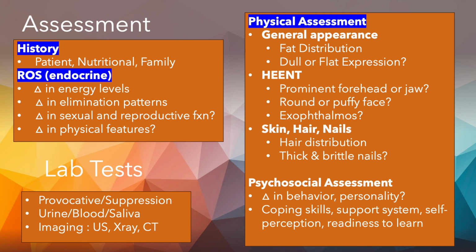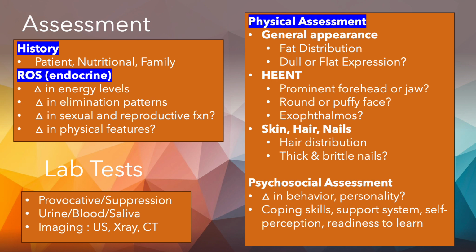That can tell you maybe their metabolism is changing. That would make me focus on the thyroid gland, because the thyroid is responsible for controlling metabolism. Changes in sexual and reproductive function and physical features would narrow you down to maybe the adrenal gland and also a gonad problem.